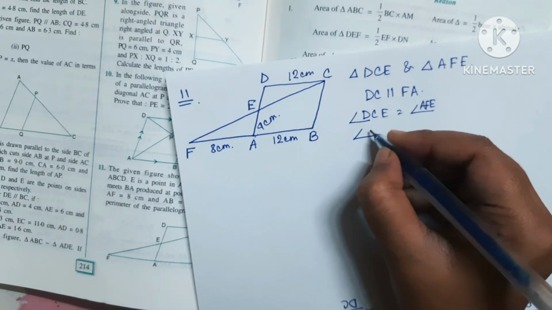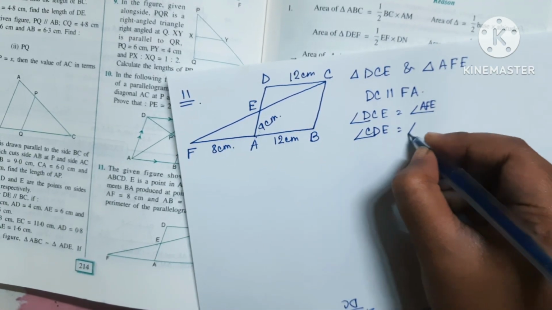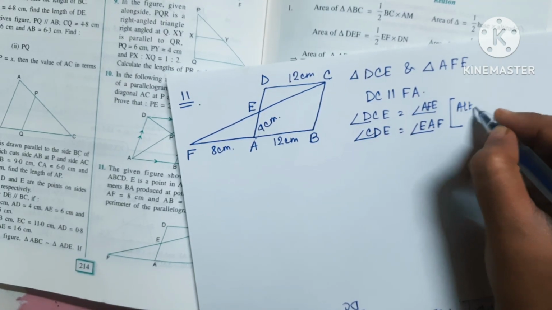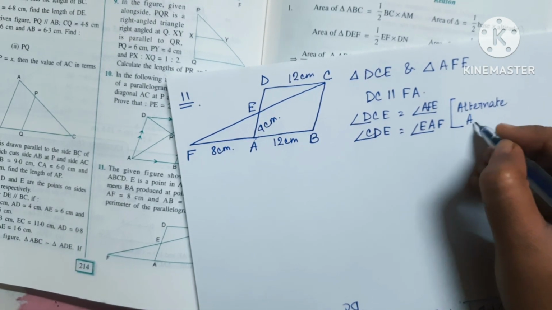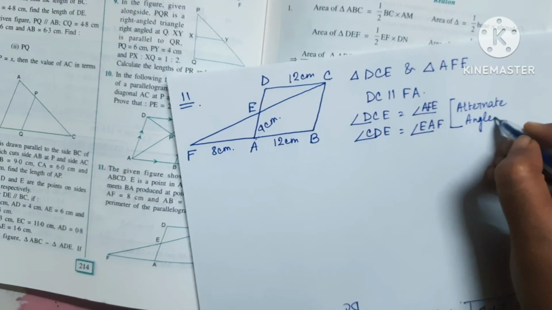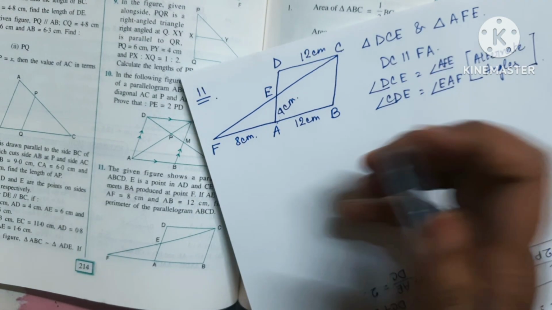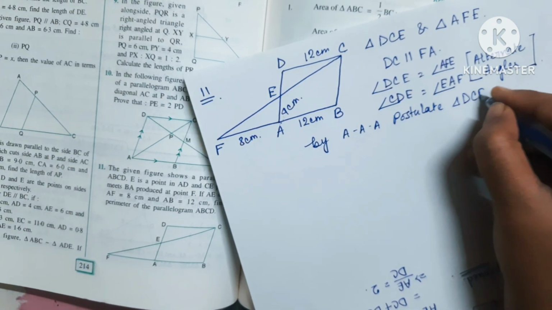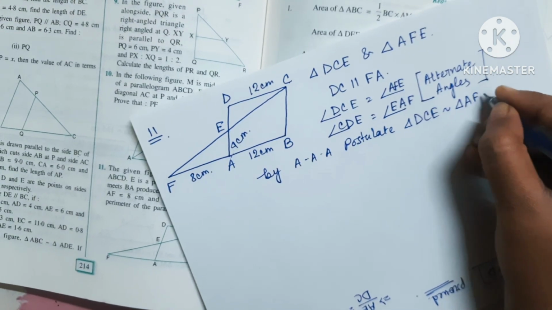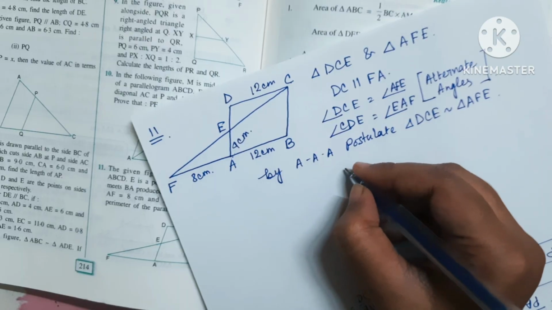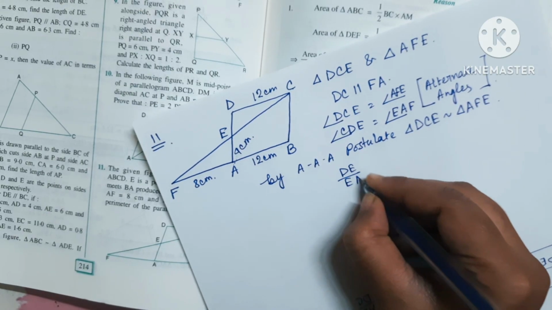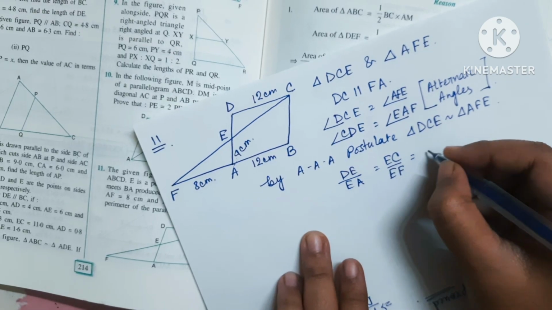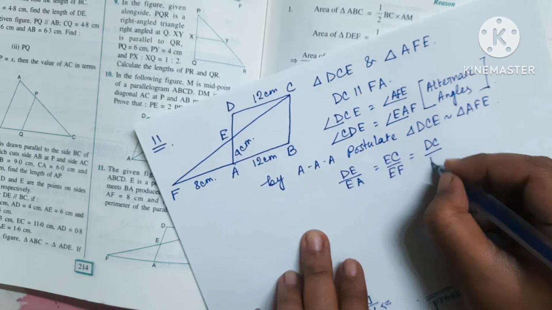Okay, and angle CDE is equal to angle EAF. Okay, so by alternate angles, because they are alternate angles. Okay, so by AAA postulate triangle DCE is similar to triangle AFE. Okay, so DE by EA is equal to EC by EF is equal to DC by FA.